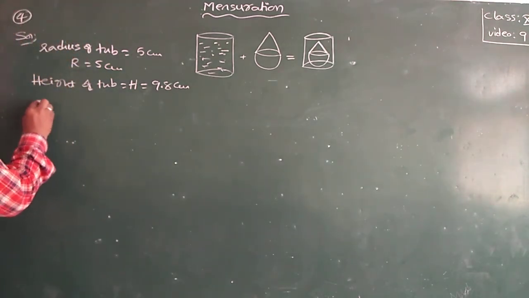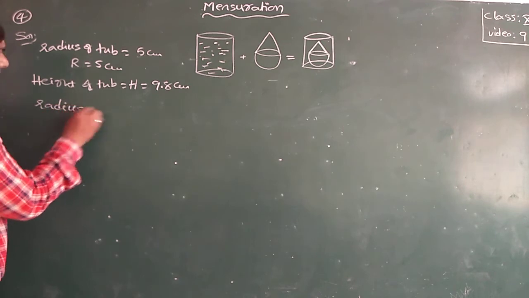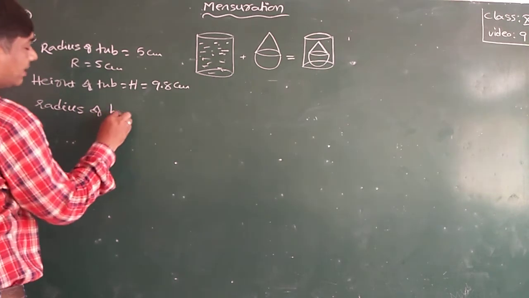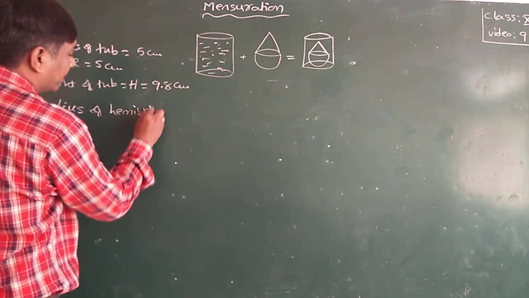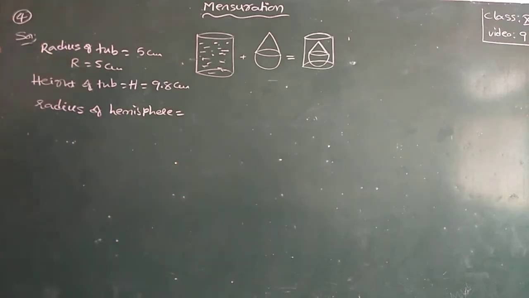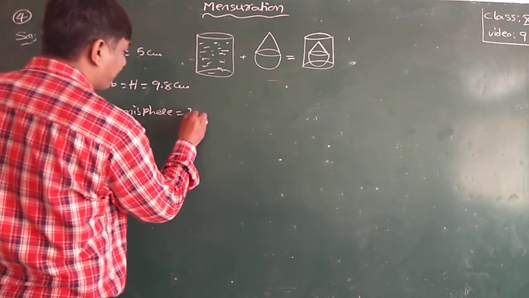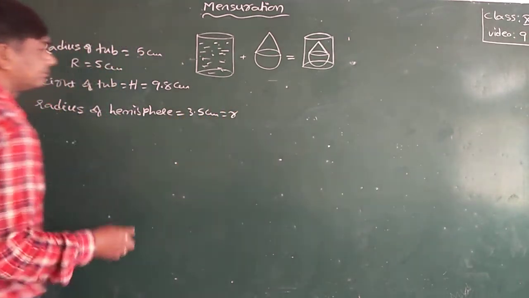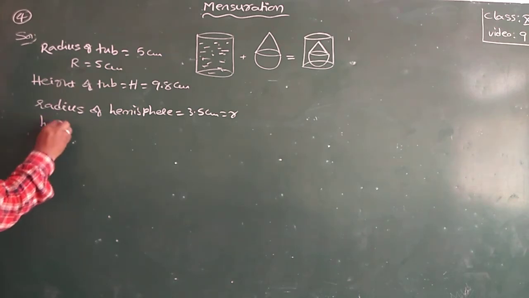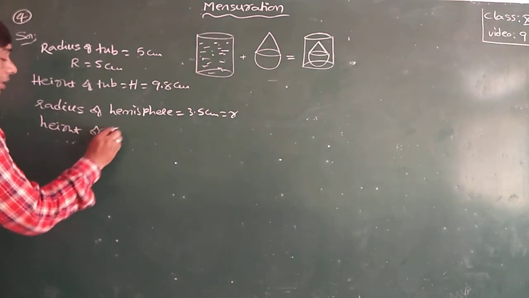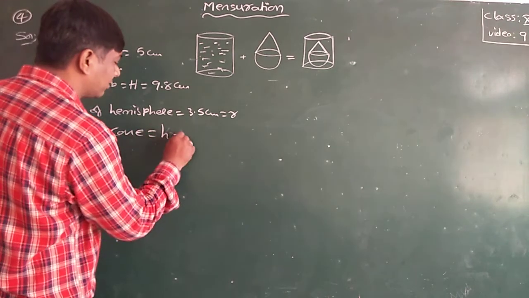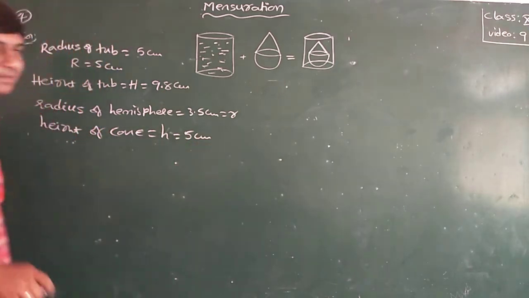Now the radius of the hemisphere is 3.5 centimeters, which is small r, and the height of the cone is 5 centimeters, that is h is equal to 5 centimeters.